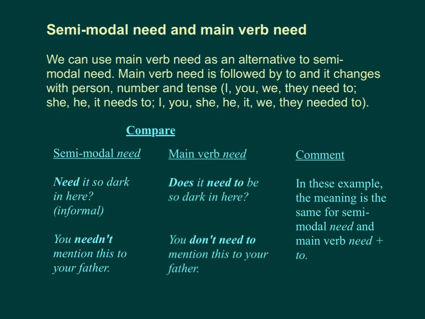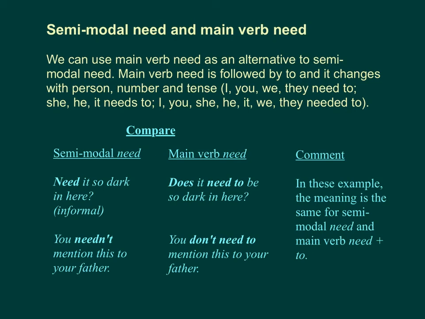Semi-modal need and main verb need. We can use main verb need as an alternative to semi-modal need. Main verb need is followed by to and it changes with person, number, and tense. I, you, we, they need to.